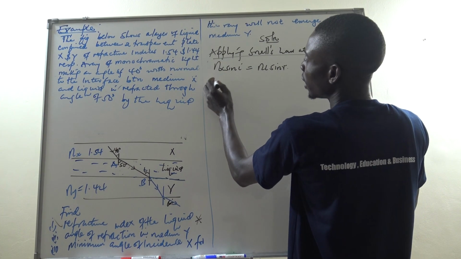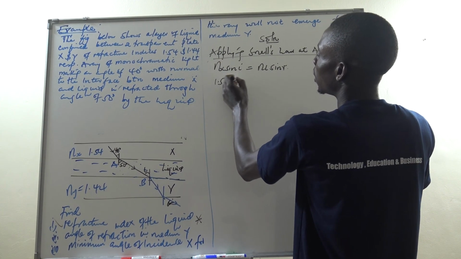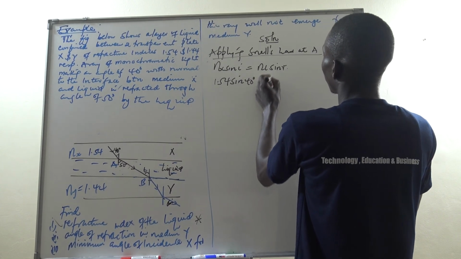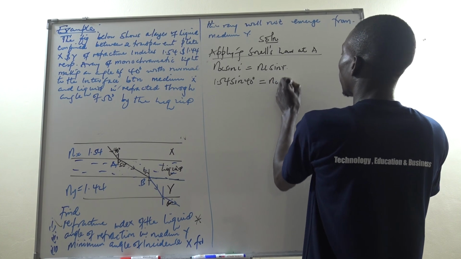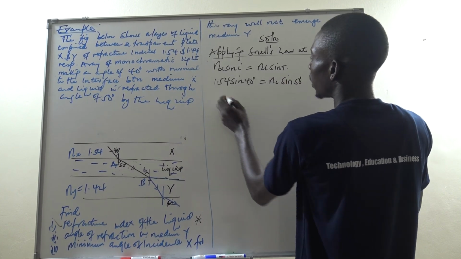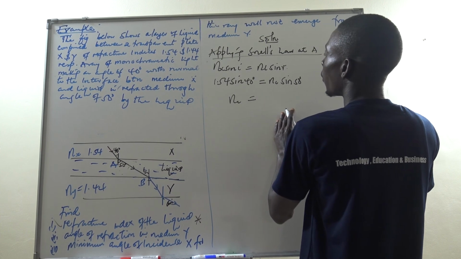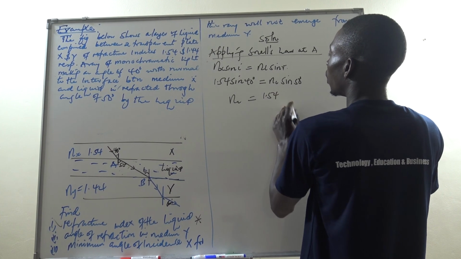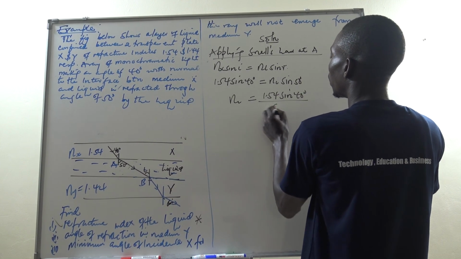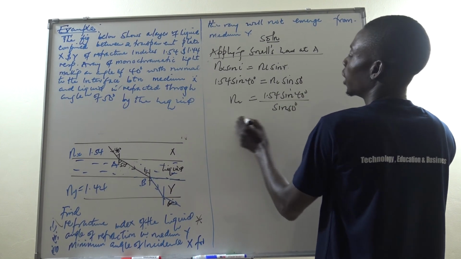But refractive index here is 1.54, and then sine I, the angle is 40. And then refractive index of the liquid, sine of angle in the liquid is 50. So that means that my N_L R is equivalent to 1.54 sine 40 out of sine 50.